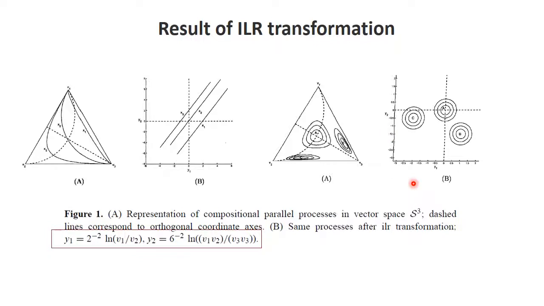In that space, for example, you can model circles, which can then be projected back into the original compositional space. This is nice because now we have a log ratio transformation method that has all the properties we were looking for before, which were subcompositional coherence, scale invariance, and permutation invariance, but it also has really nice orthogonal properties such that we can apply the standard statistical toolbox within that space of these ILR log ratios.